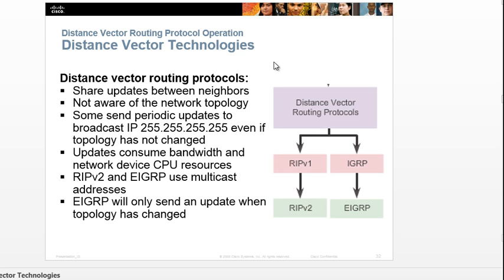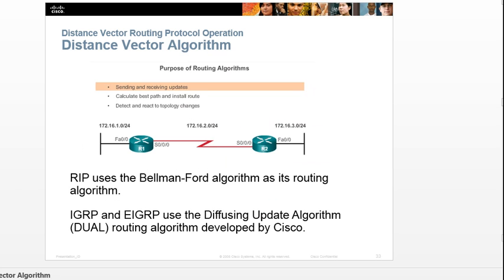And the reason for that is to make sure that if a new router is put on, it's going to get it. These updates consume bandwidth and network device CPU resources. RIP and EIGRP use multicast addresses for this. And EIGRP will only send an update when the topology has changed, unlike RIP that's going to send it regardless.